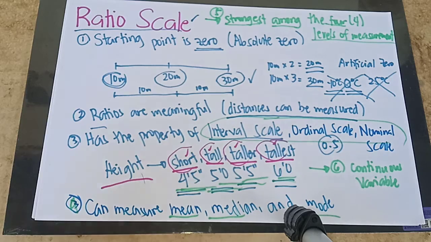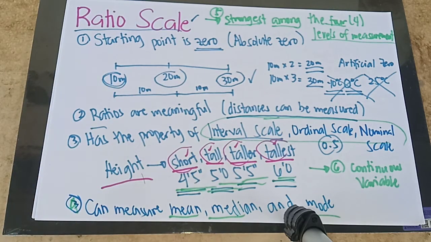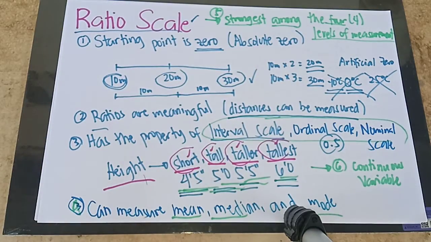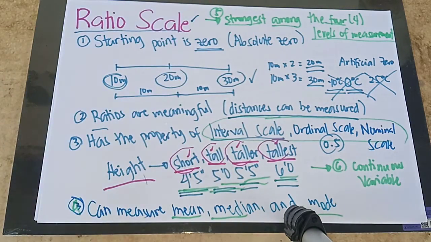Now, last, we have the ratio scale. The ratio scale, meaning to say, the ratios are meaningful. The distances can be measured. The differences can also be interpreted because the starting point is 0. Why? Because when the starting point is 0, it uses absolute value. Absolute zero means that zero indicates an absence of something.